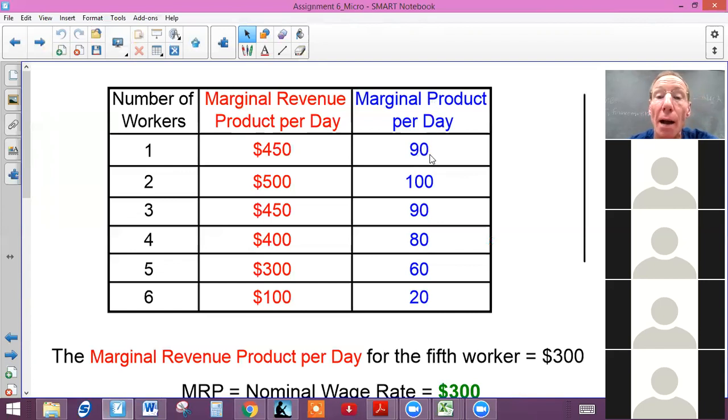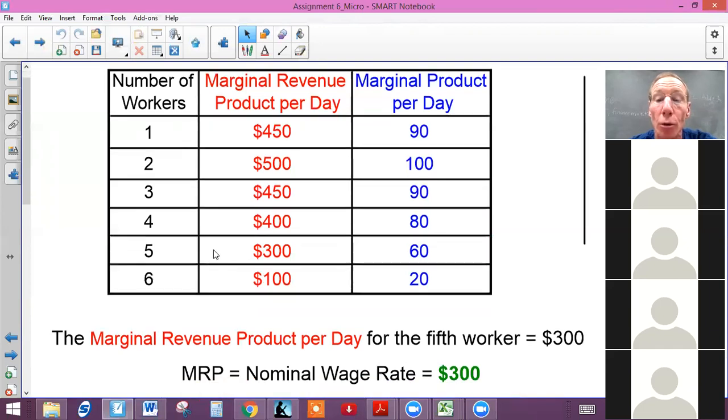So 90 times $5 is 450, right? 100 times $5 is a marginal revenue product of 500. So I was able to work backwards and get the marginal product for every worker, okay? So the marginal product for the 5th worker is 300.